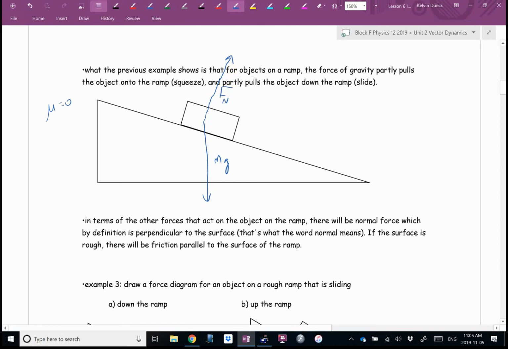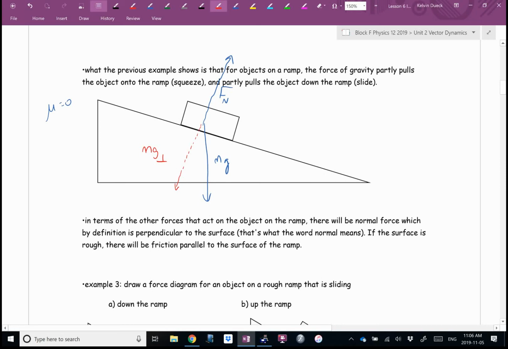Okay. How are we going to break this up? We could make the normal force go vertical and horizontal, but instead it's going to be much, much easier for us to break up gravity. We're going to break gravity up into mg perpendicular.